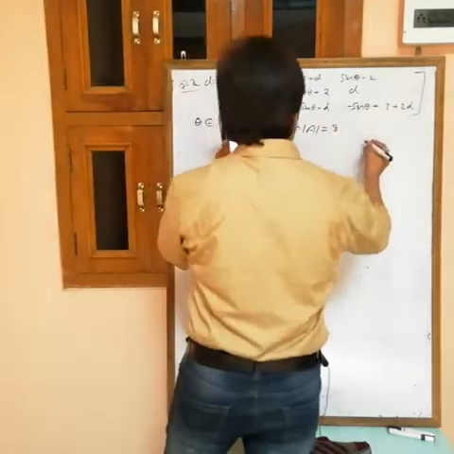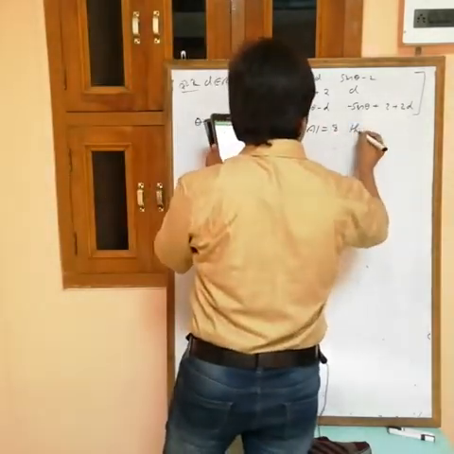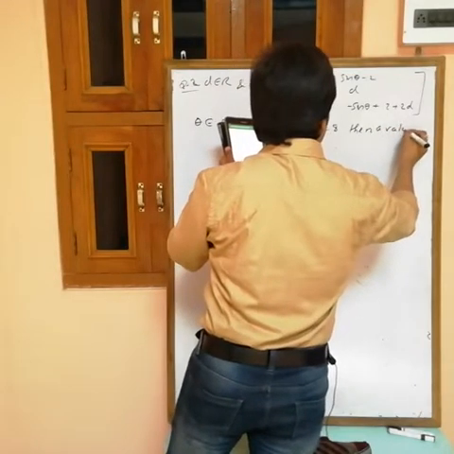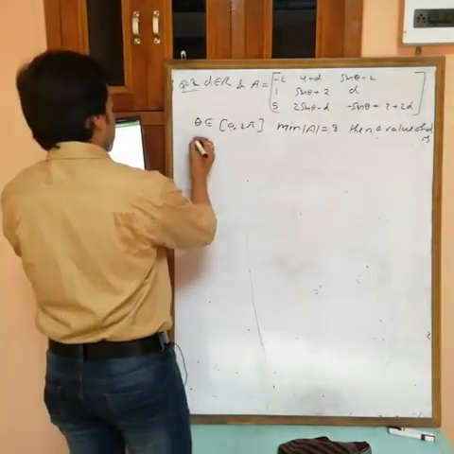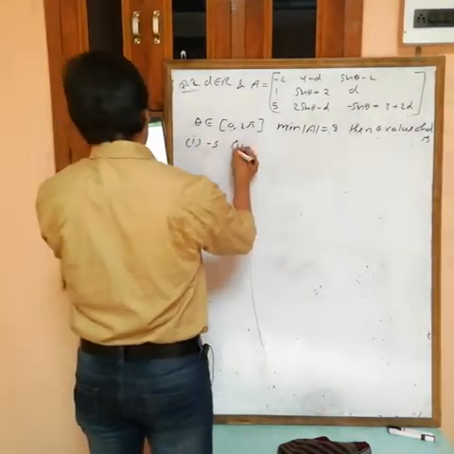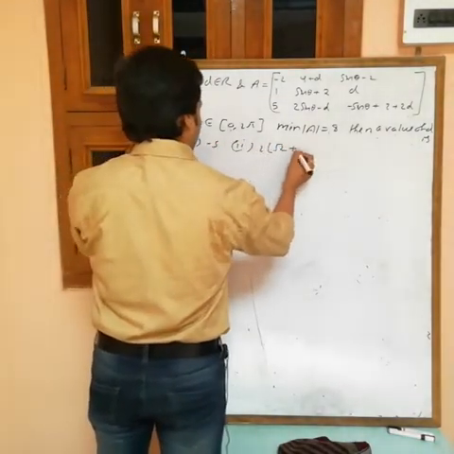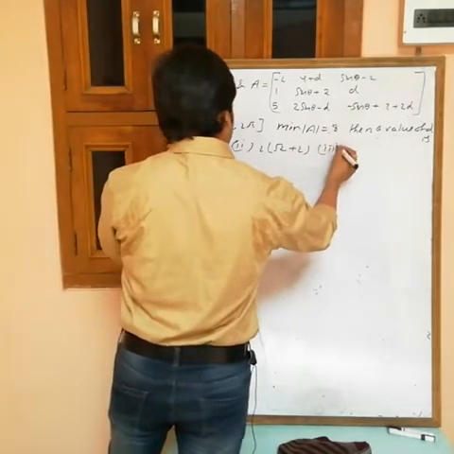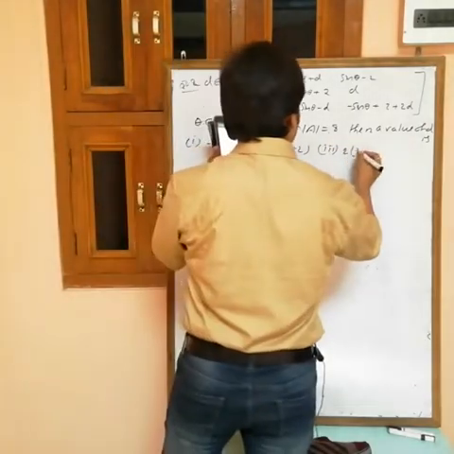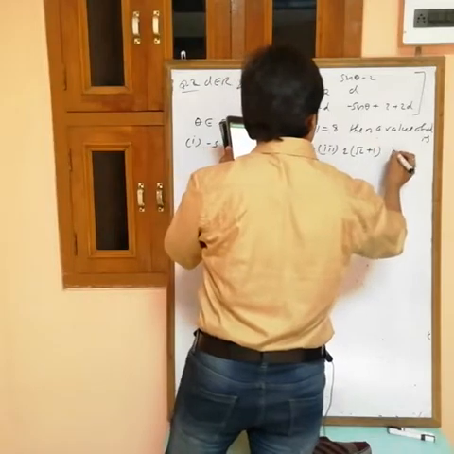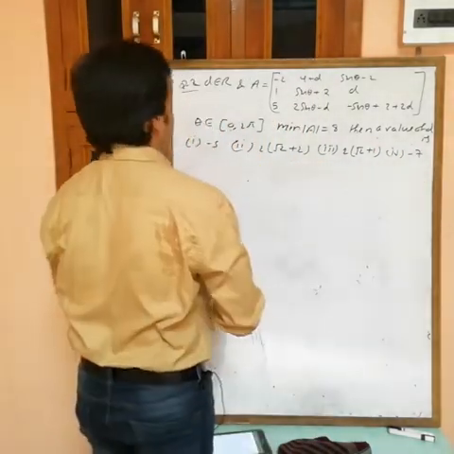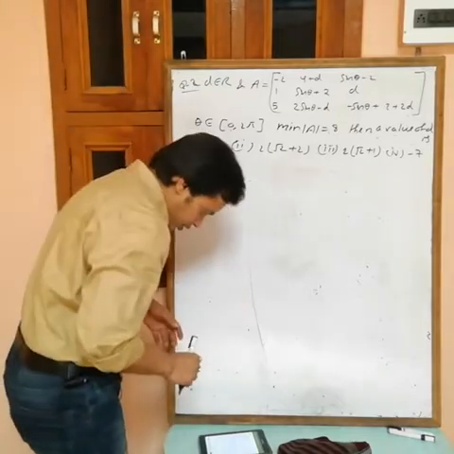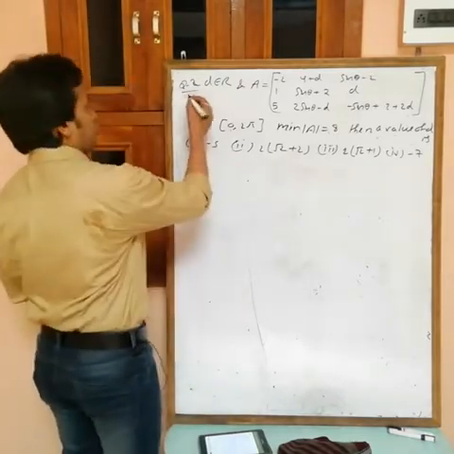Then find the value of D. The options are given as -5, second one is 2 into root 2 plus 2, third one is 2 into root 2 plus 1, and fourth one is -7. Again, this was asked in JEE Mains 2019.